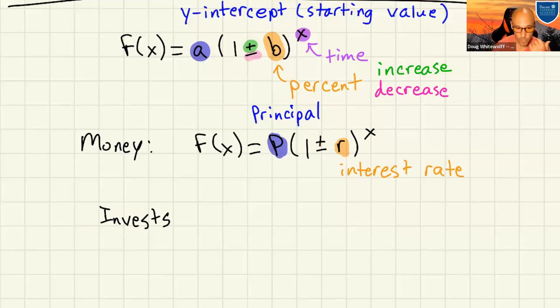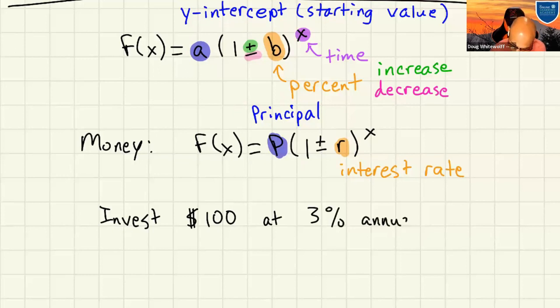Okay. Let's say they invest $100 at 3% annual compound interest.